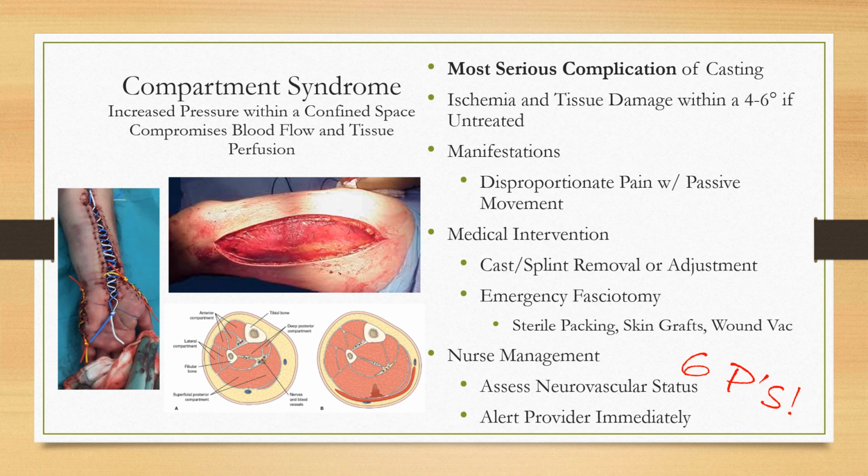So it can be from an internal problem like bleeding or edema within the compartment, or something external like a very tight wrapping or a cast. Okay, so definitely this is a serious complication of casting, but it doesn't need to be from casting only. And once it develops, the tissue, meaning the muscle, can start to die in the next 4 to 6 hours, right? So it's pretty urgent to do something about compartment syndrome.